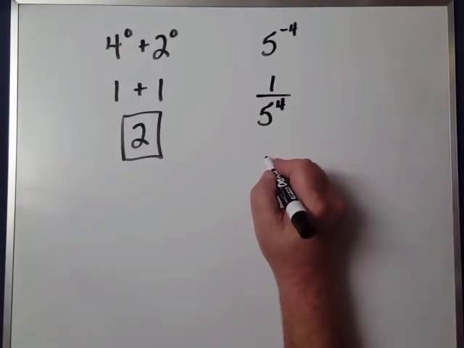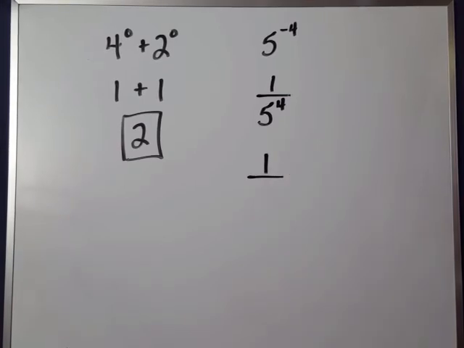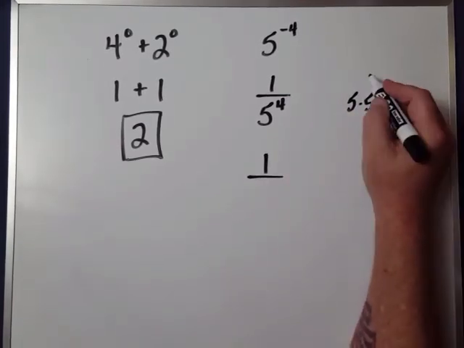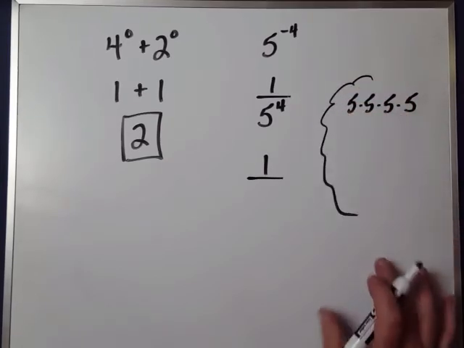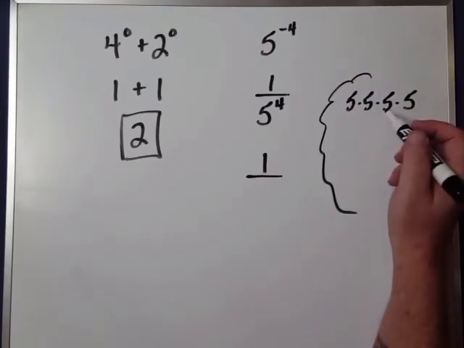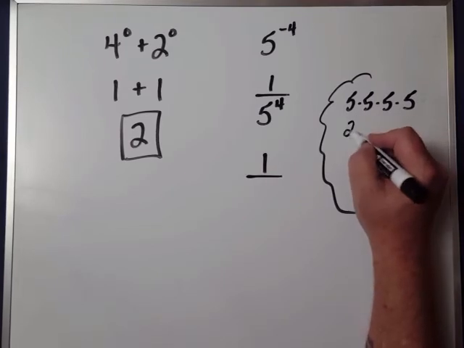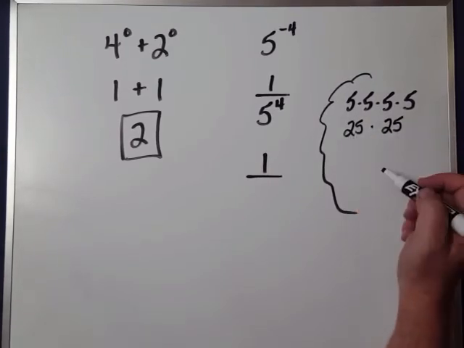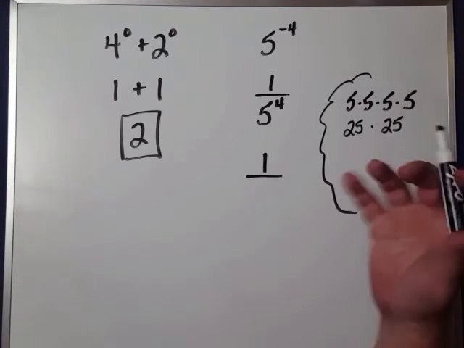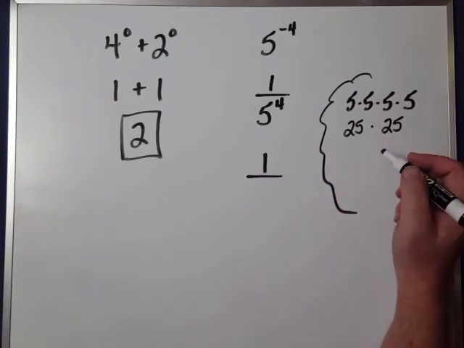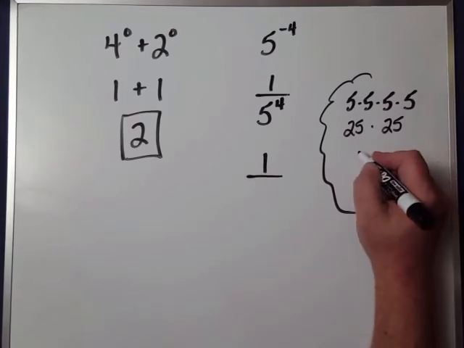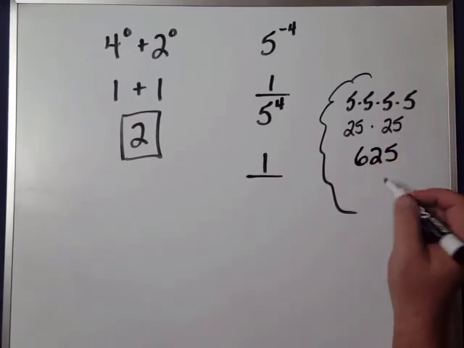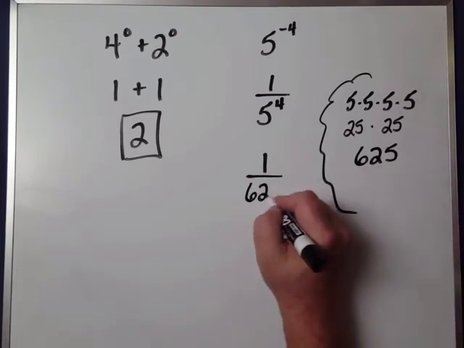And 5 to the 4th, well, let's see. Here's what's happening in my head. 5 to the 4th power is going to be a 25 times a 25. If I've got 25 quarters in change in my hand, what do I have? $6.25. 25 times 25 is 625.